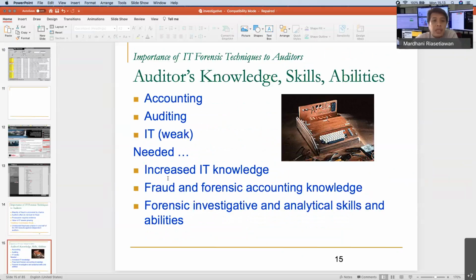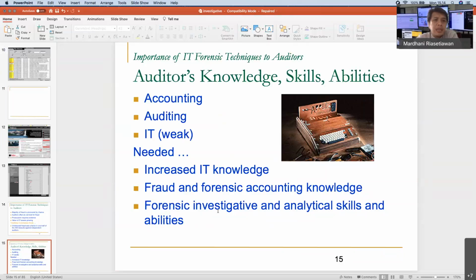We need to increase IT knowledge, not only seeing big data or data analytic techniques just for classification, but when we face the use case, we can see the potential of this technology to solve the problem of fraud. This is our advantage as computer science people, because we have a lot of methods and approaches that we can use for many purposes, along with forensic investigative analytic skill as an ability.